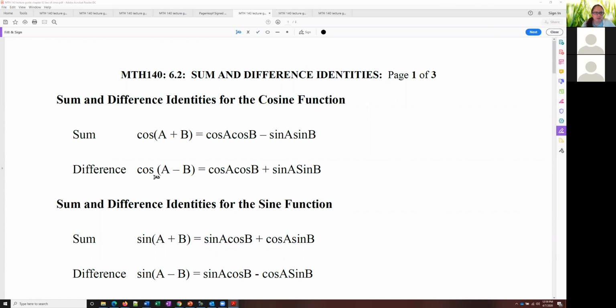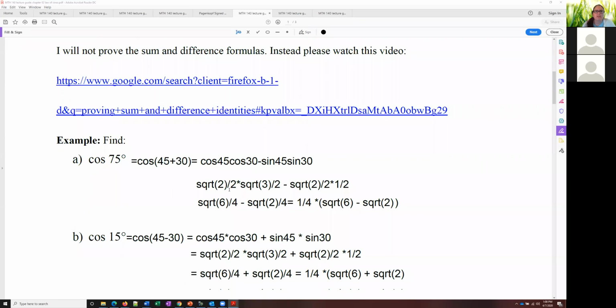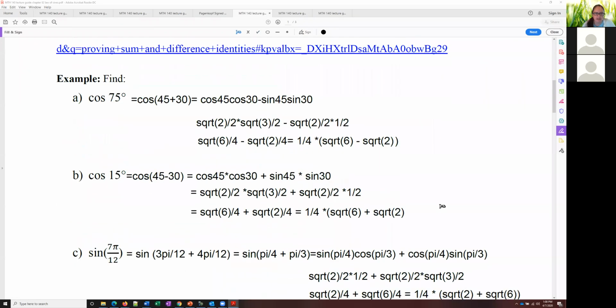And so we have the formulas for the cosine of A plus B, the cosine of A minus B, the sine of A plus B, and the sine of A minus B. And we looked at finding the cosine of 75 degrees and the cosine of 15 degrees.